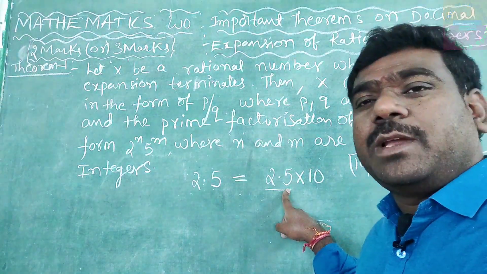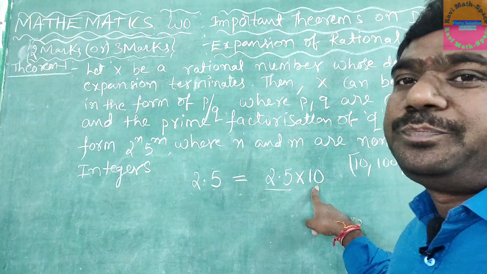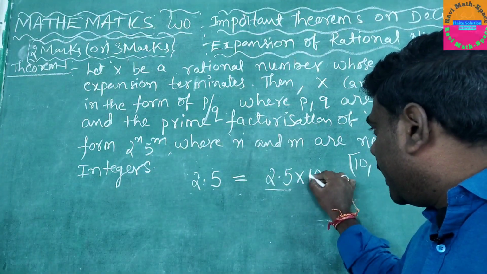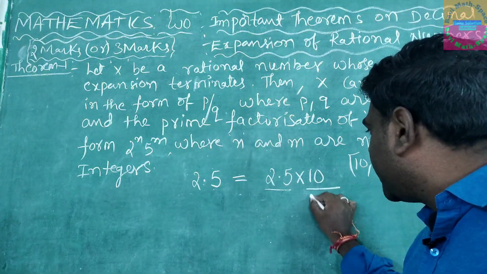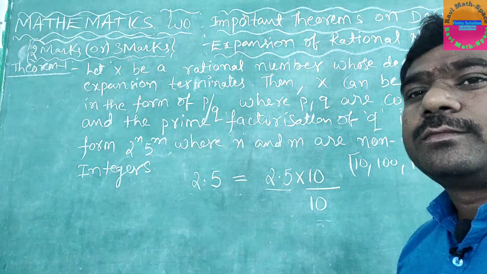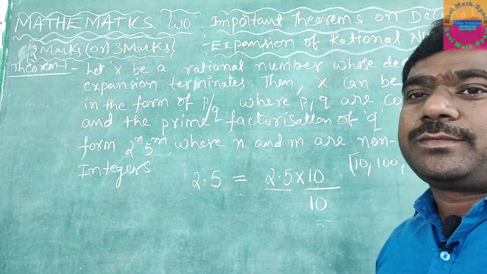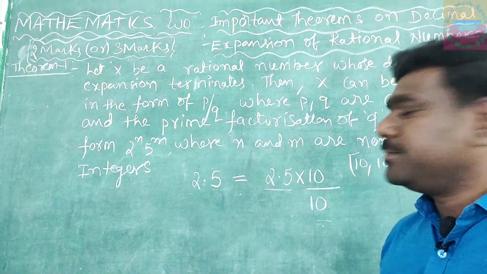Here only 1 decimal place, that's why I am taking only 10. So if I take 10 in the numerator, the denominator also we should take 10. Why? Because here we are applying the equivalent rational number condition.